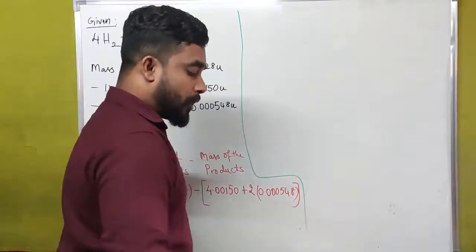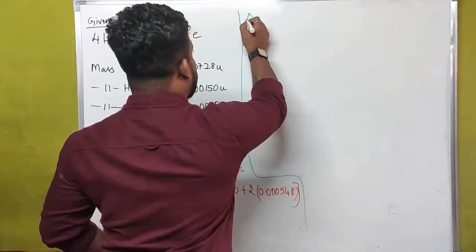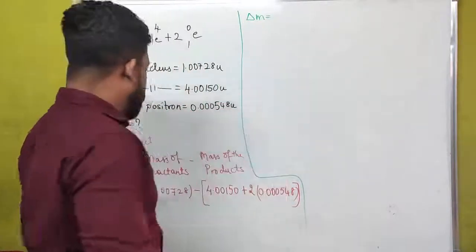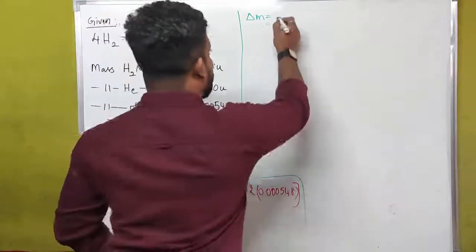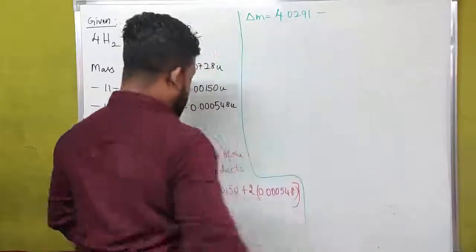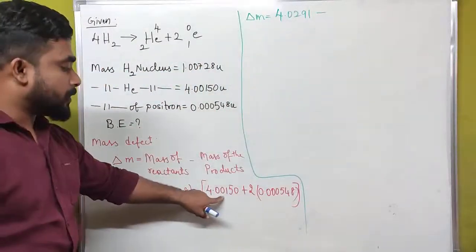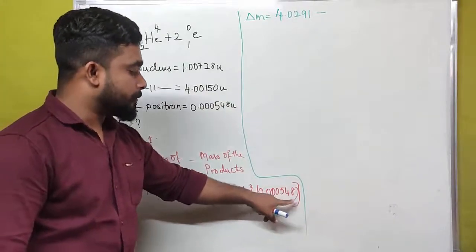That is 4.0291. Delta M is equal to 4.0291 minus, here we have 4.00150 plus 2 into 0.000548.